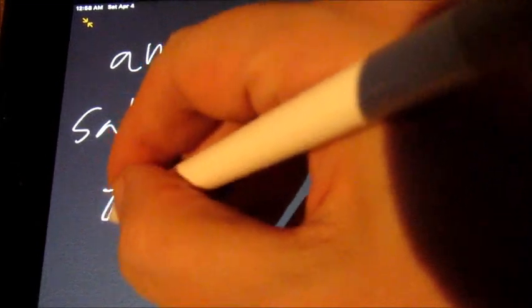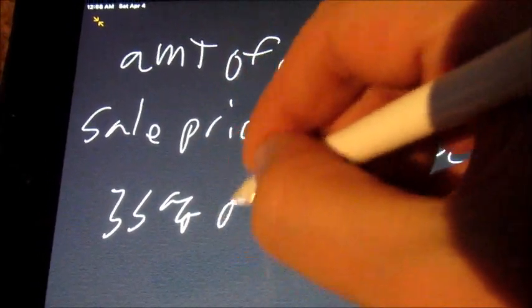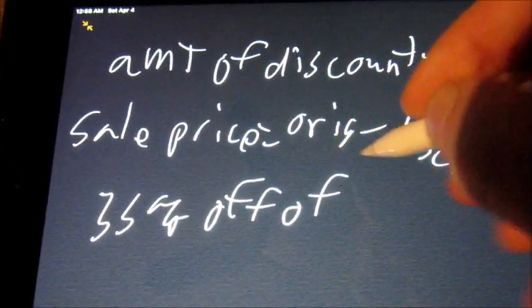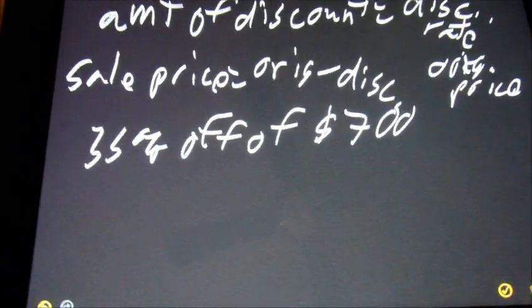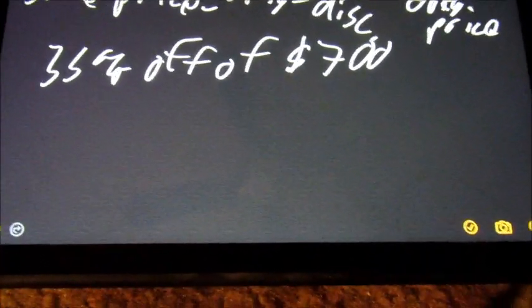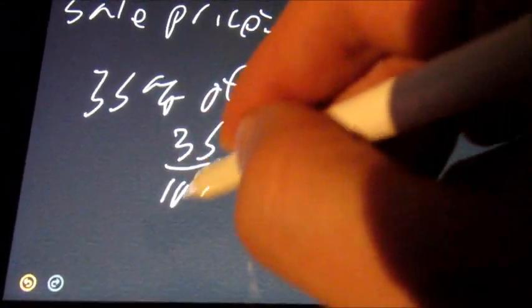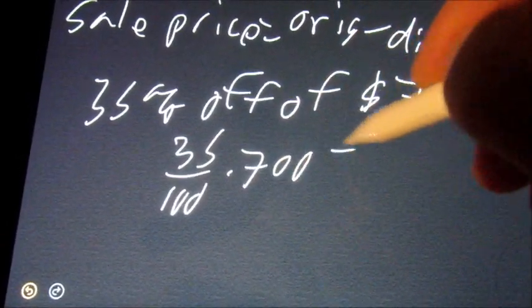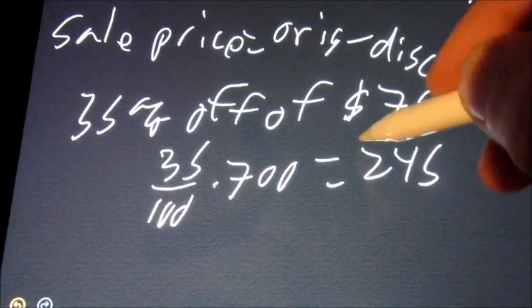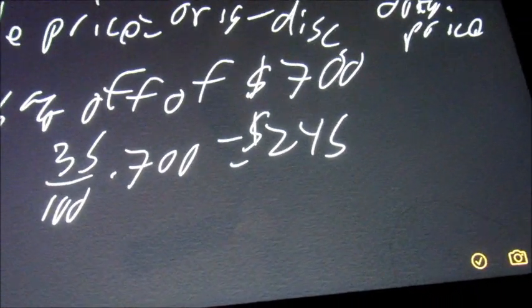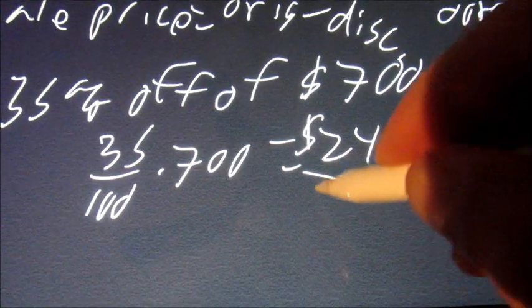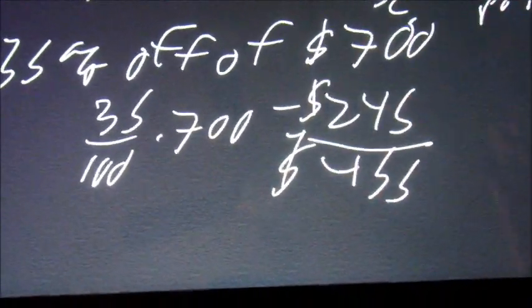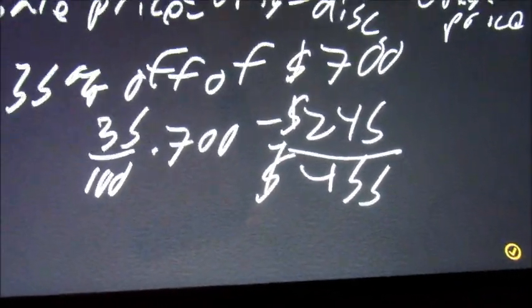So if we get something like 35% off of 700, first we have to find out what the amount off is. So it's 35 over 100 times 700, which equals 245. So that's how much of a discount we're getting. So we have to subtract these two and get $455 for what our sale price is going to be.